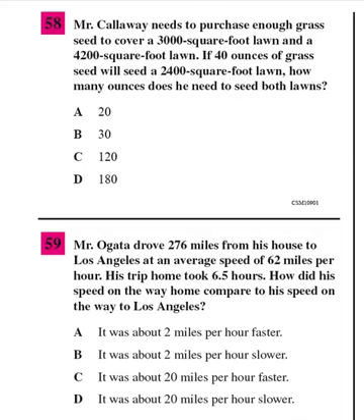Problem 58. Mr. Calloway needs to purchase enough grass seed to cover a 3,000 square foot lawn and a 4,200 square foot lawn. If 40 ounces of grass seed will seed a 2,400 square foot lawn, how many ounces does he need to seed both lawns?